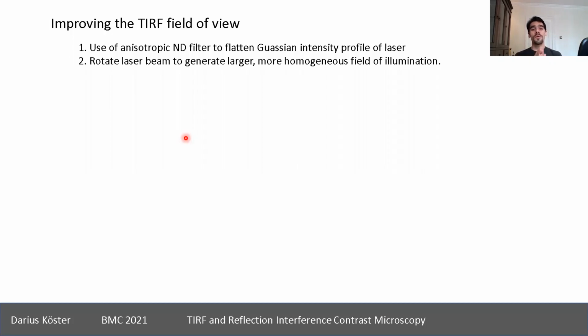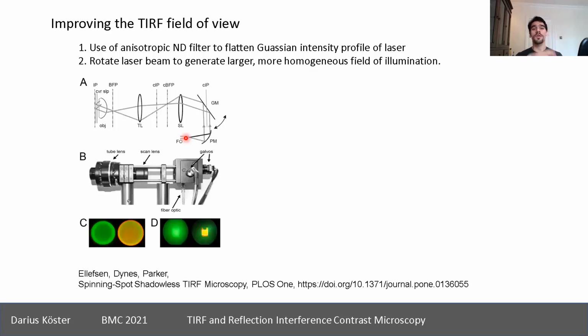And then a way that I see more broadly used is to rotate the laser beam. It can be called ring TIRF or spinning spot TIRF. Instead of having a fixed position of your laser beam, you rotate it very fast, several hundred times per second, so faster than your imaging.